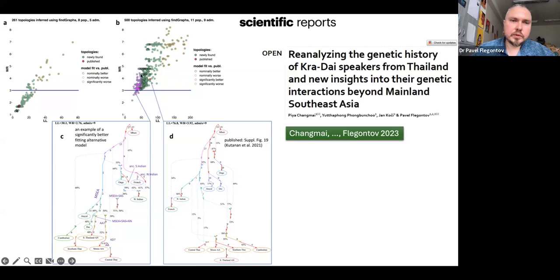And these models with magenta borders fit significantly better than the published one, and the topology is very different from the published one and does not support the findings in that paper. So that's an example of this result that it's very dangerous to have any findings that are based exclusively on admixture graph models, because they're basically unconstrained by the F statistics on which they rely.